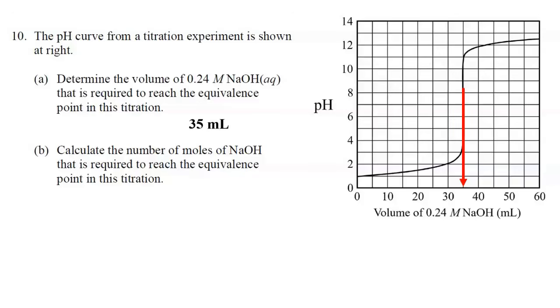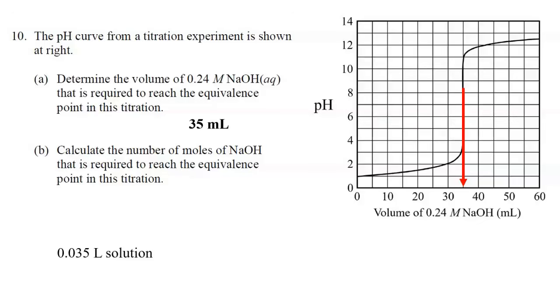For part B, calculate the number of moles of sodium hydroxide that is required to reach the equivalence point. Well, we know the volume and we know the molarity, so we can figure out the moles. I'm going to go ahead and convert 35 milliliters into liters. So you divide by 1,000 to go from milliliters to liters. That would be 0.035 liters of solution. And then 0.24 is the molarity.